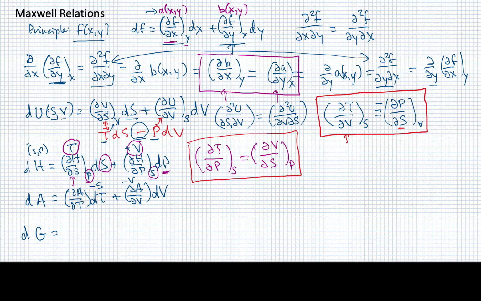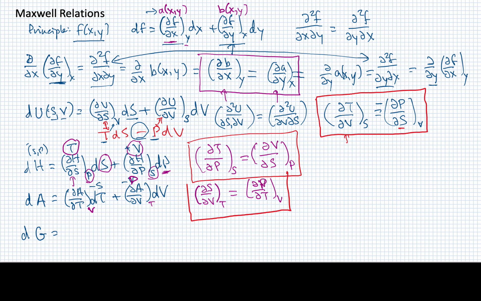I will have a partial derivative of S with respect to V at constant temperature, equal to the partial derivative of P with respect to T at constant volume. All right, so this will be another one of these special relationships.